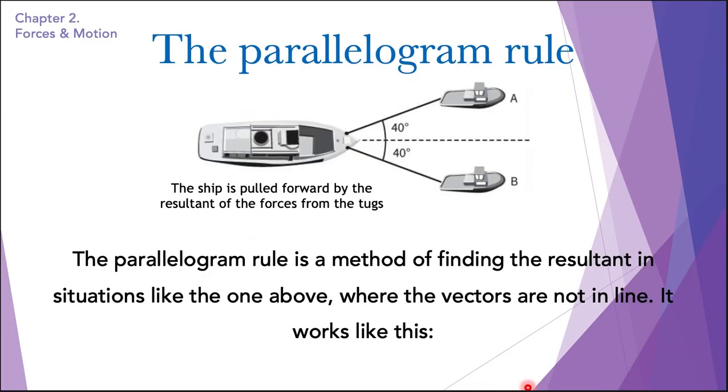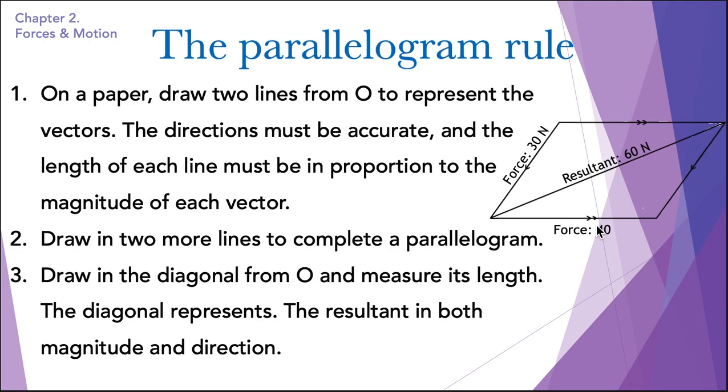Just like in this situation, when we make a parallelogram and draw a diagonal line in between, we get the direction, which would be this. And we can also find the magnitude by measuring it. If 1 millimeter is equal to 1 Newton, we measure how many millimeters the length of this resultant force is. So the millimeters are 60. So the resultant force is going to be 60 Newtons.